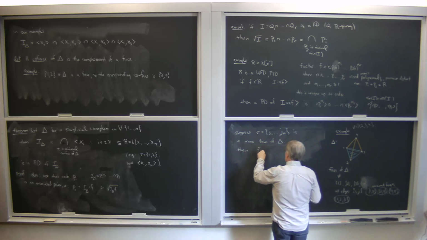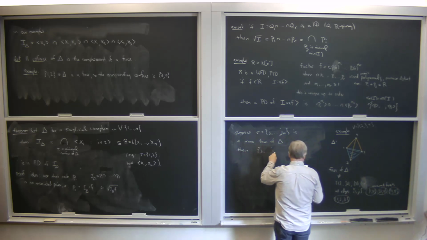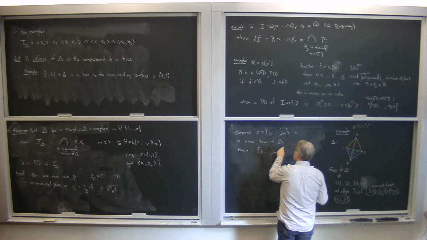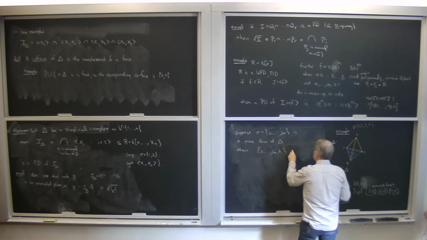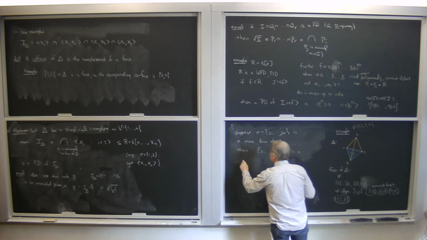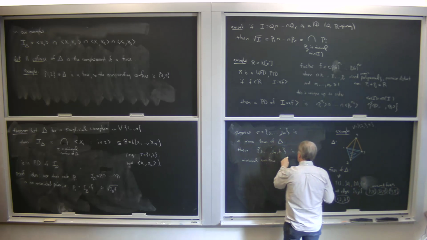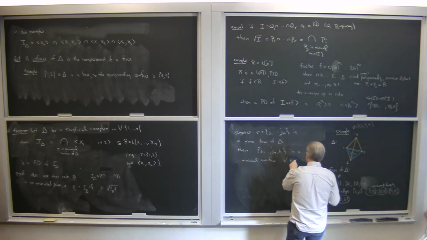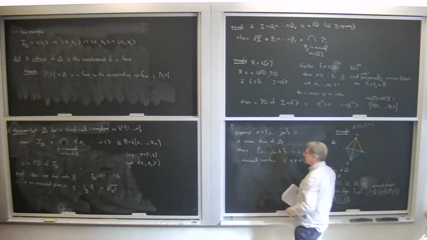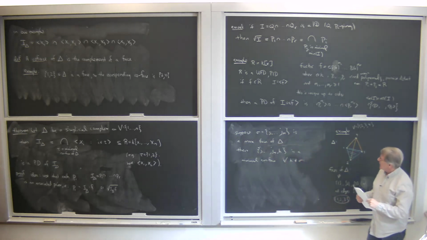if I take a look at the set J1 to Jm and K, this is a minimal non-face for all K not in sigma. So it's certainly a non-face.